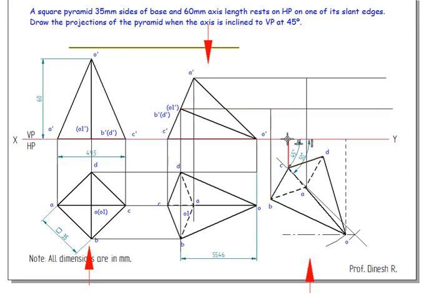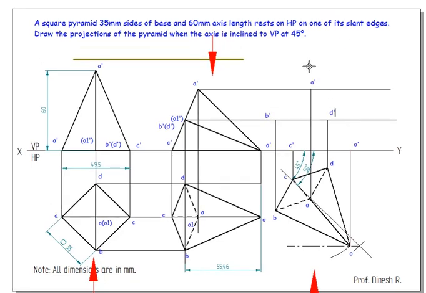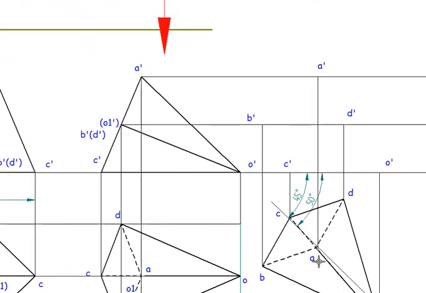C point is still this point, and D point is still here. Let's keep the annotation. Now we need to see that this is O. A is still this point, A dash. This point comes here, B dash. We need to see the annotation properly. This is C dash, and this one is D dash.